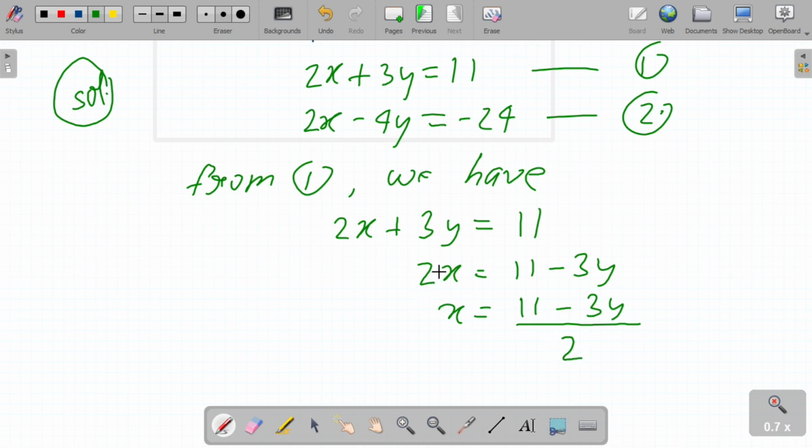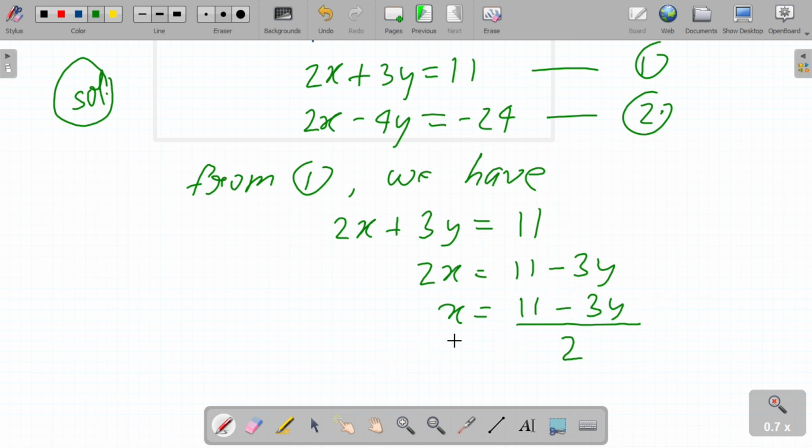The question is how this 2 came downwards below 11 minus 3y. The thing is, 2 is multiplying the x on this side, and if I move 2 to the other side of equals, it will become in the divide form. So it will be below the 11 minus 3y.